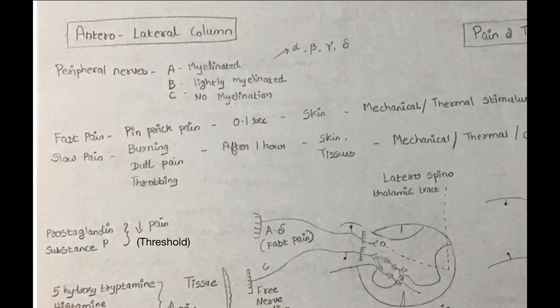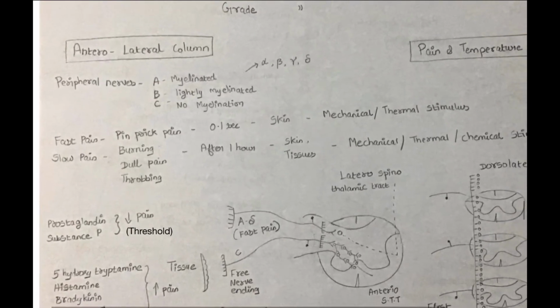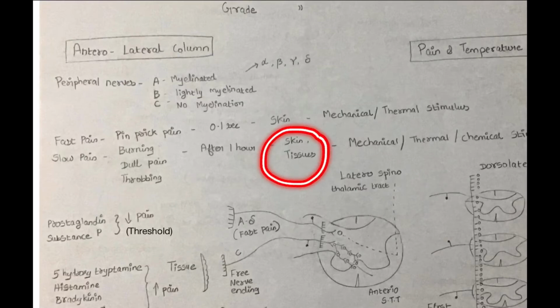You cannot point out exactly where the pain is coming from. Another example is stomach pain: when you ask the patient, he will say the pain is coming from all over the abdomen. So these are examples of slow pain. Fast pain is only from the skin, and slow pain is from the skin and the deeper tissues.